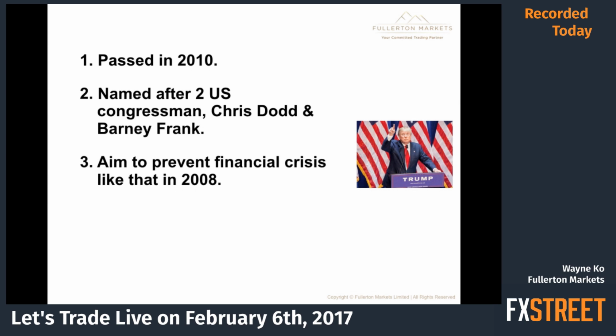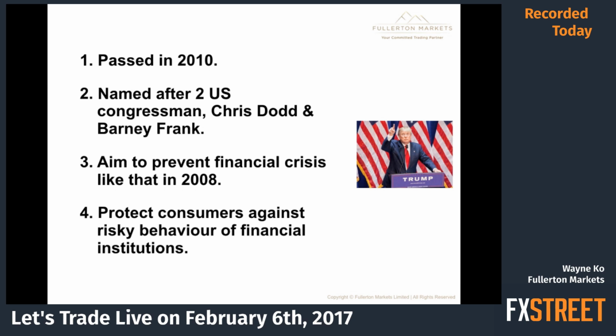The purpose of this Dodd-Frank, of course, number one, is to prevent a financial crisis like that in 2008. So the purpose of having the Dodd-Frank policy is to prevent a recurrence of the financial crisis that happened in 2008.